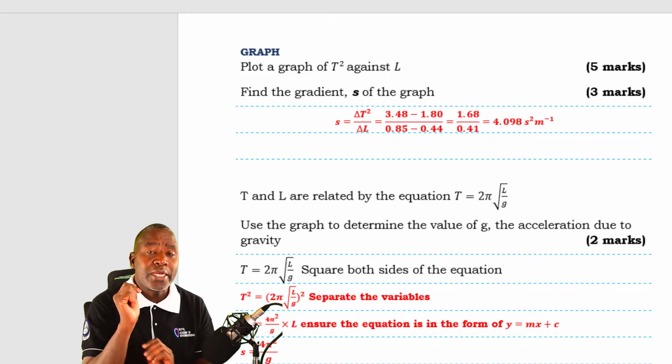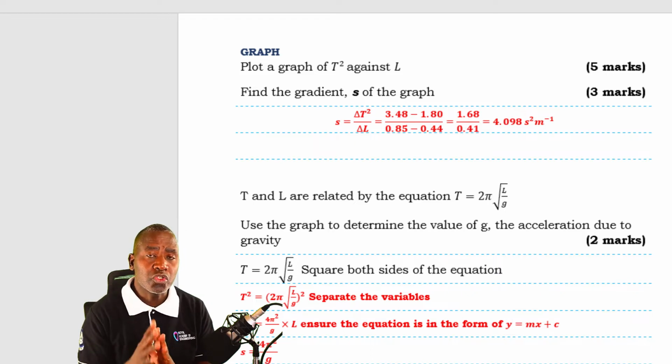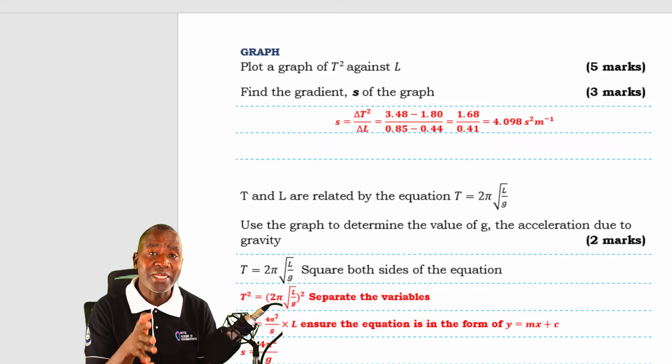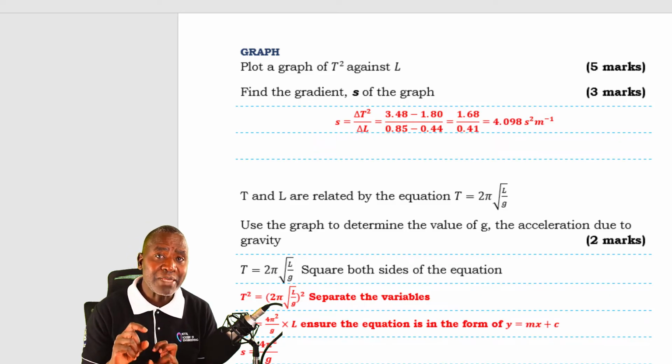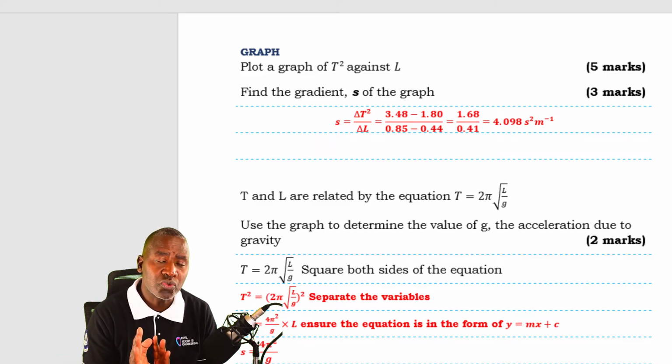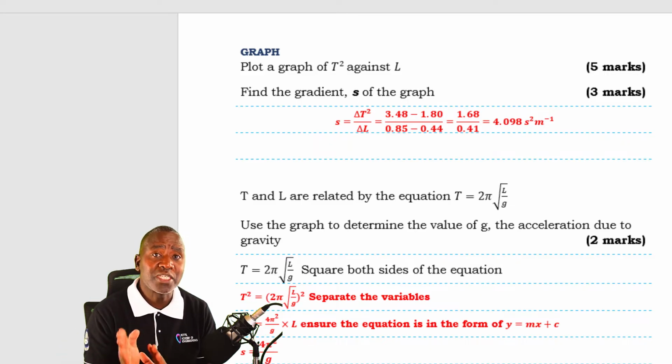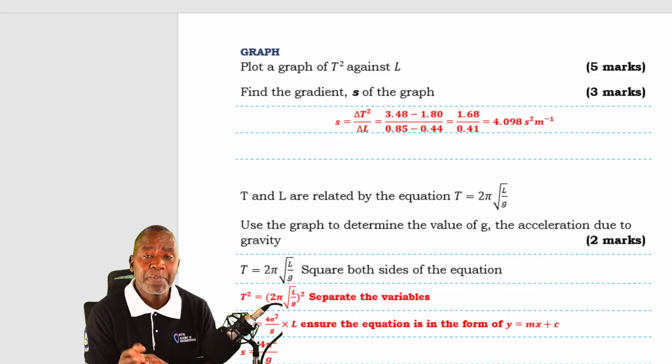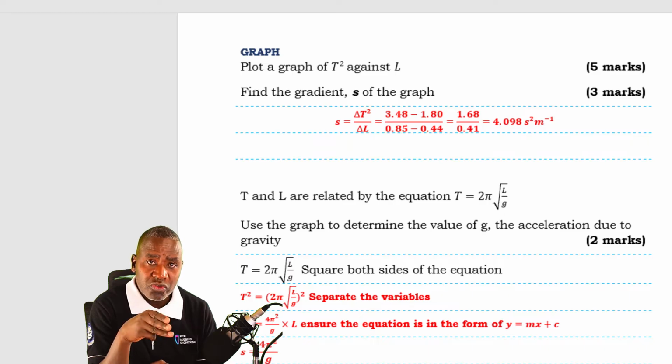And if you are in doubt, the physical quantity which goes to the y-axis is always the dependent variable. The independent variable goes to the x-axis. But you don't want to worry yourself at this point about dependent and independent variables, because the examiner has given you clear instructions on what goes to the y-axis, what goes to the x-axis.